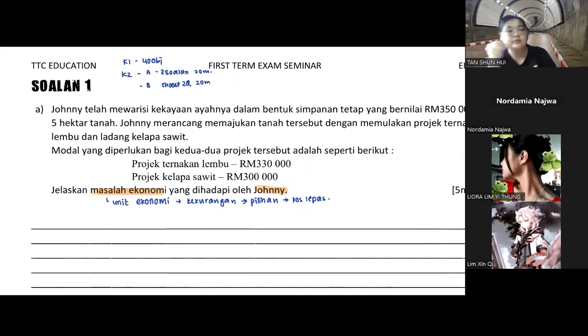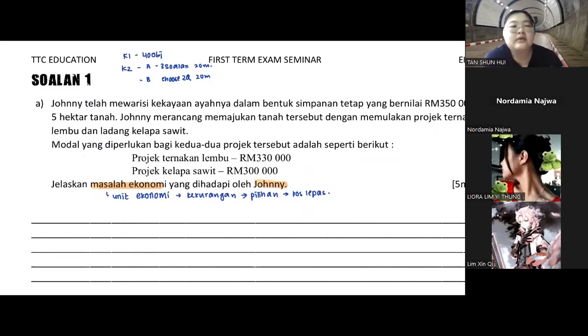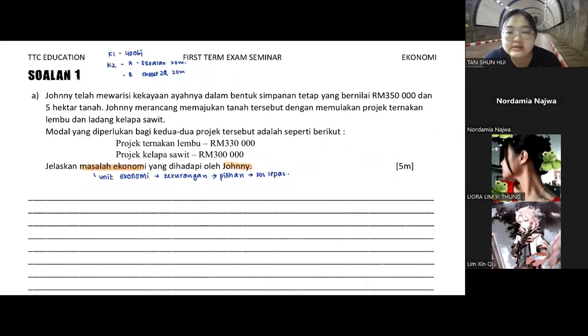So look back to here. They tell you a story about a person called Johnny. A lot of people, when they see Johnny, think he is an isi rumah, but be aware they have a trick here. They like to trick you. They tell you, Johnny telah mewarisi kekayaan ayahnya dalam bentuk simpanan 350,000 dan 5 hektar tanah.